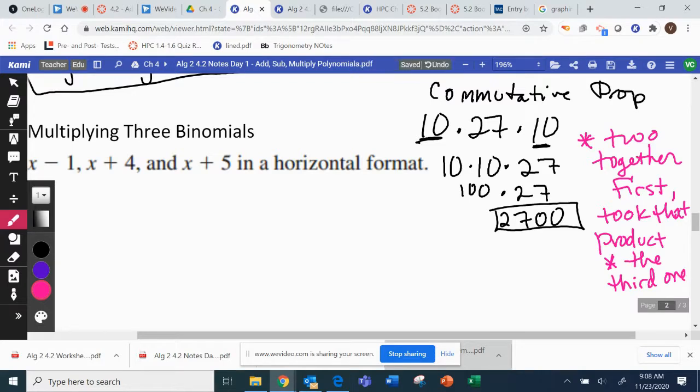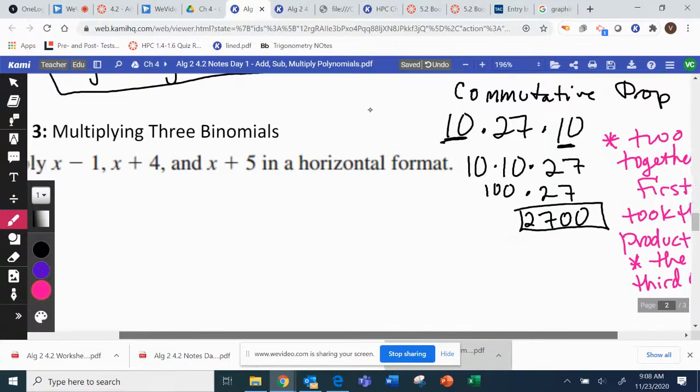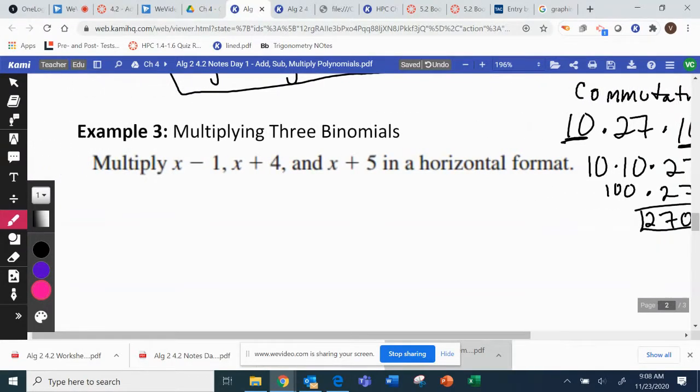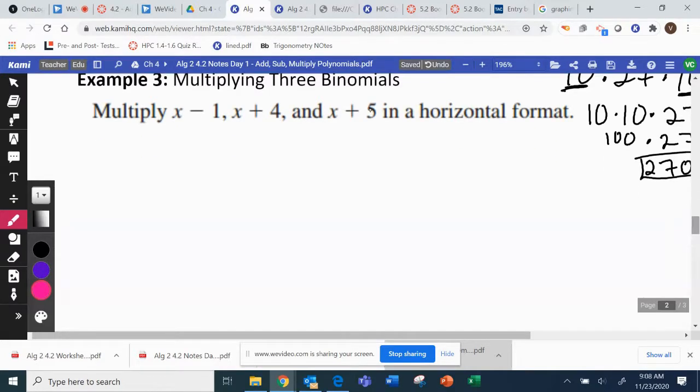You cannot multiply 3 things at the same time. You can only multiply 2 things together. So, how do we multiply 3 binomials? You can't multiply 3 binomials at one time. You can multiply 2 of them together and then take their product to multiply by the third one.